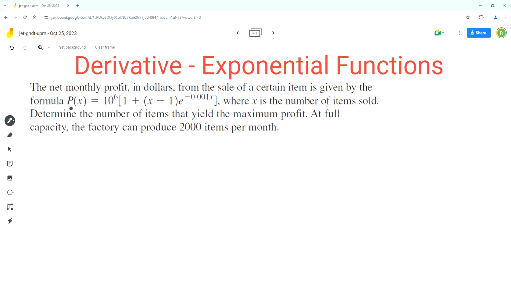So we are given the profit function for a certain item, and we have to find the value of x that will yield the maximum profit.